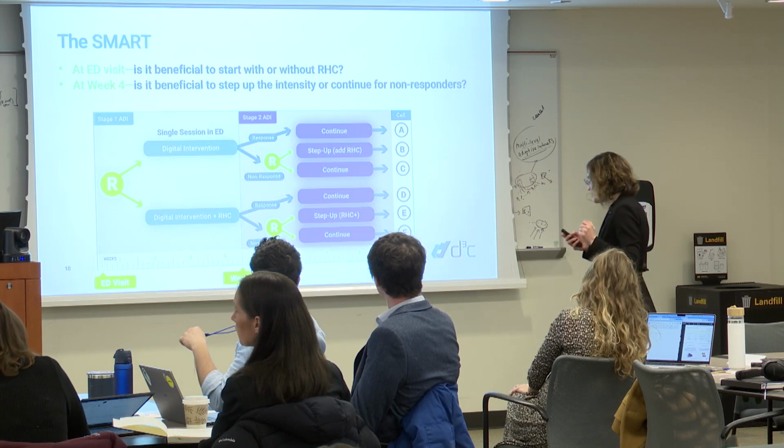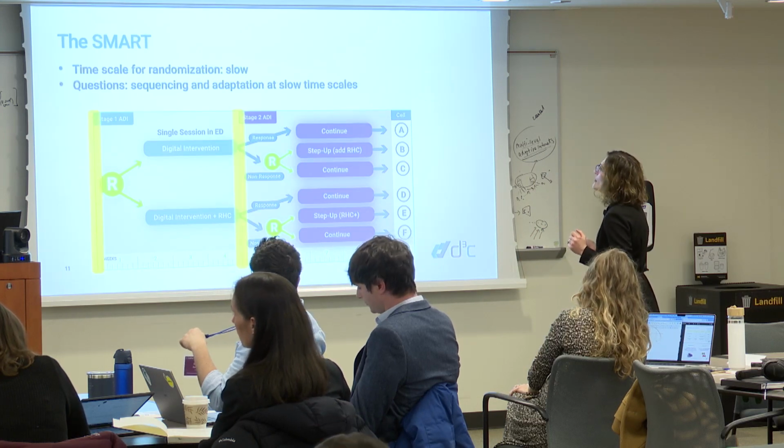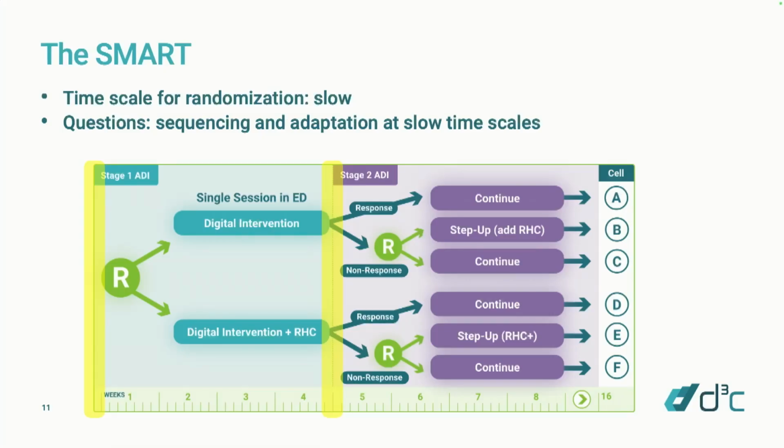Danny's going to talk about this today, but I'll give you the intuition for how you answer the first scientific question. But before I do that, I wanted to emphasize the aspect that I talked about earlier about the time scale of the randomizations.